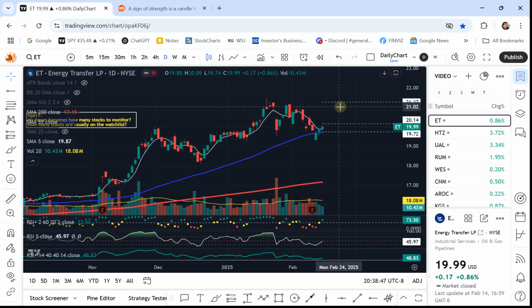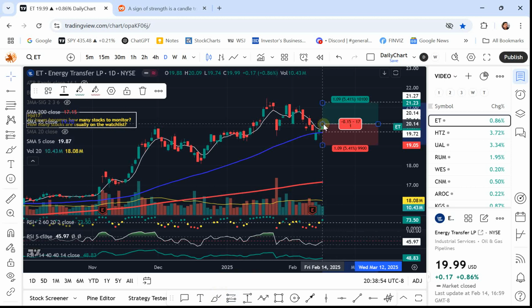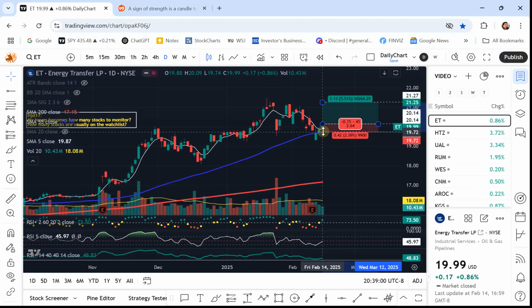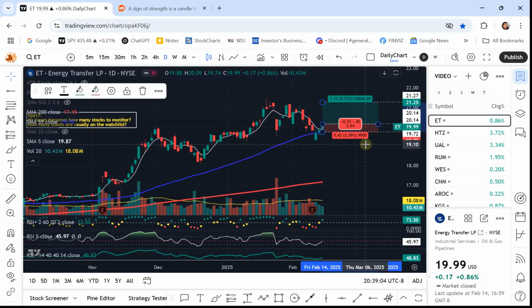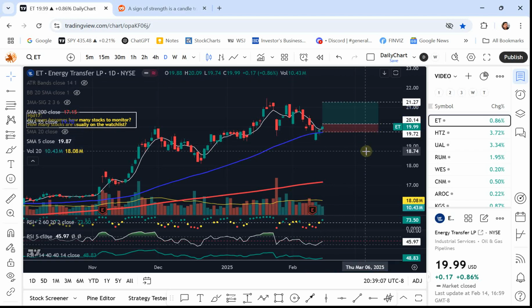What you could do here is put in your long position indicator and apply it, lining it up to your take profit and your stop loss. In this case, you have a 2.6 risk to reward. We're risking 2%, the downside is 2%.